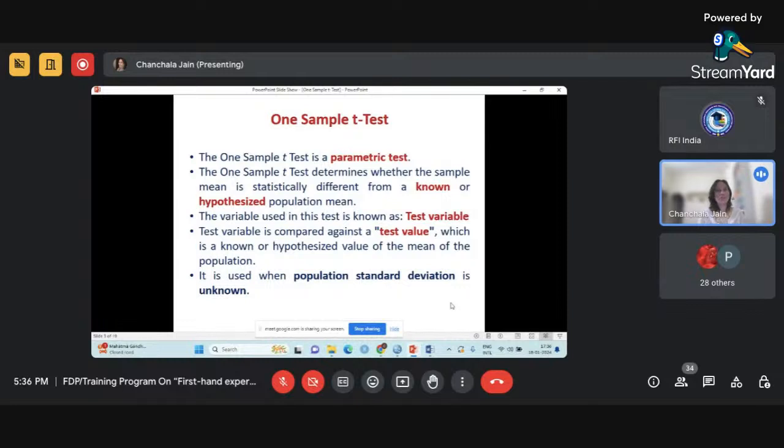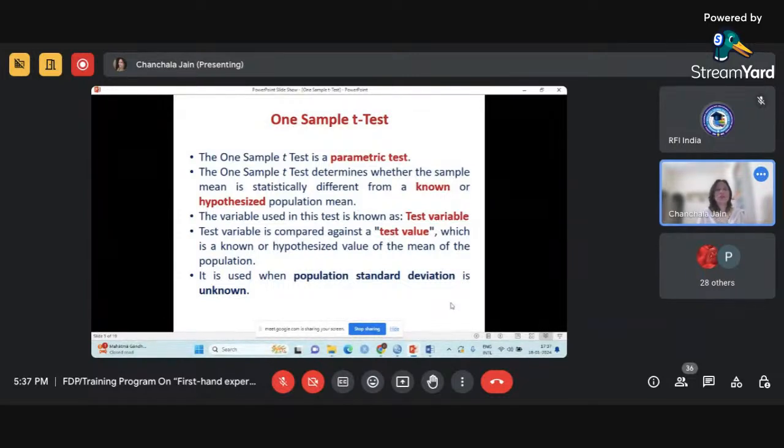I explained the difference between parametric and non-parametric tests: parametric tests are concerned with the normal distribution of the data, whereas non-parametric tests are not at all concerned about it. Non-parametric tests generally deal with categorical data.